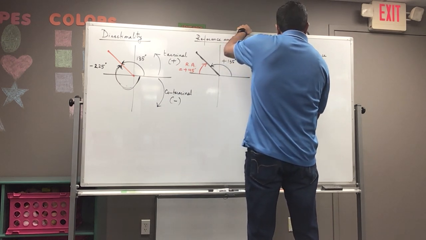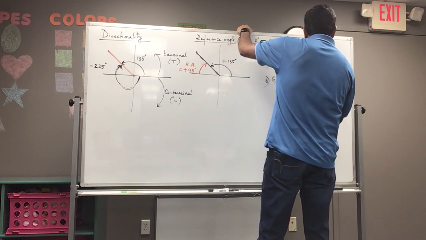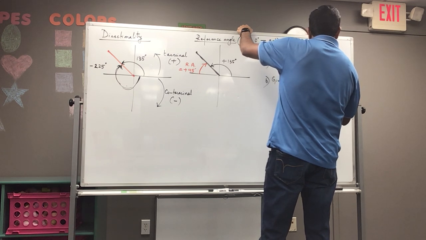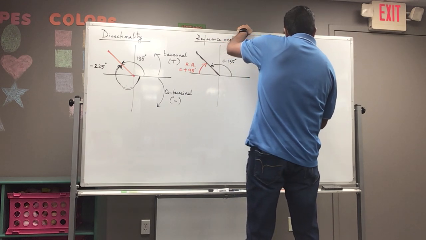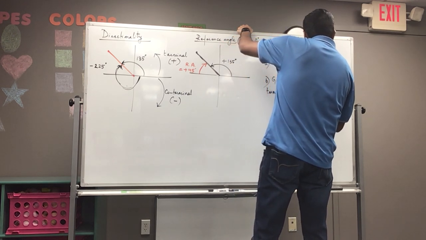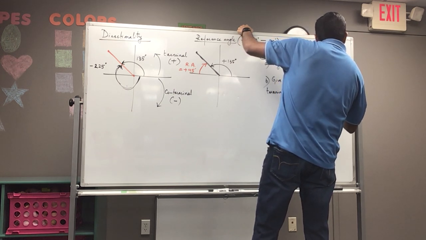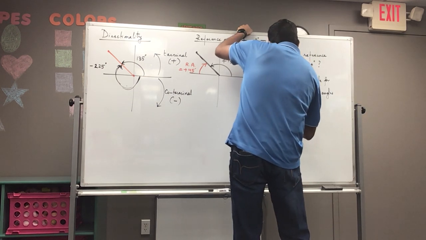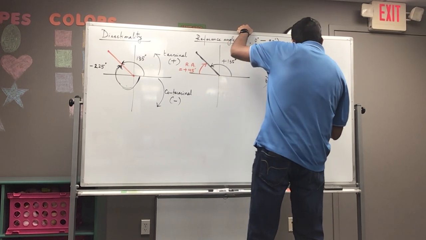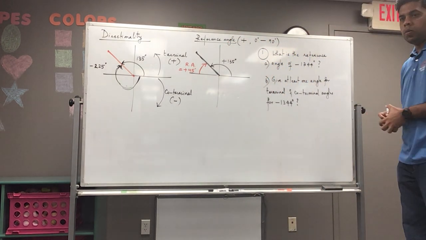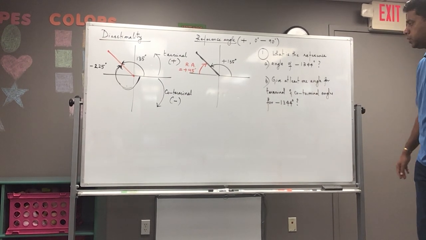Give at least one angle for terminal and coterminal angles for negative 1,344 degrees. Take your time, go. Understand the question first.